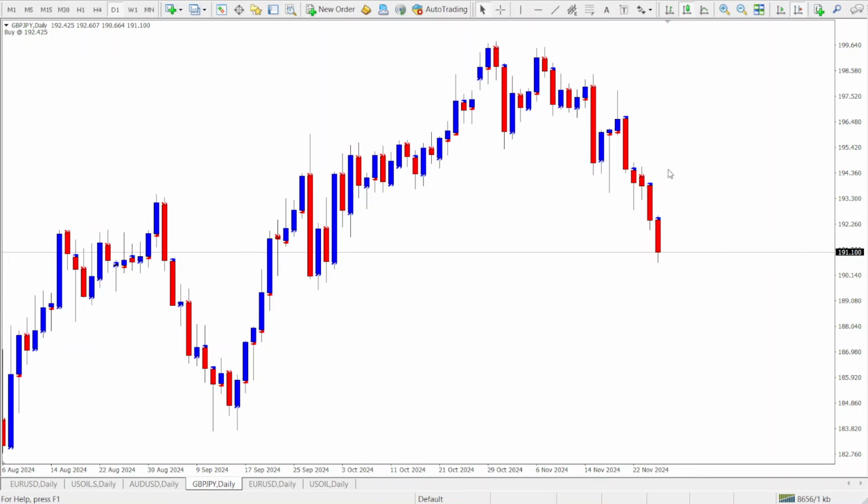This indicator does not guarantee profits. As we can see, there are some signals that did not play out as expected. So the indicator is not 100% accurate, and there are some false signals sometimes.